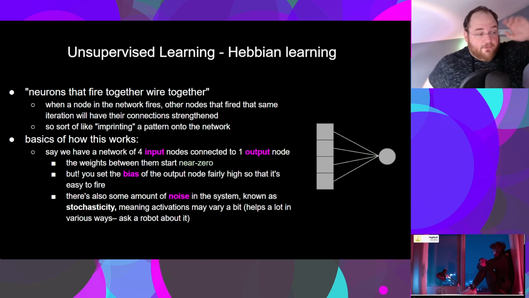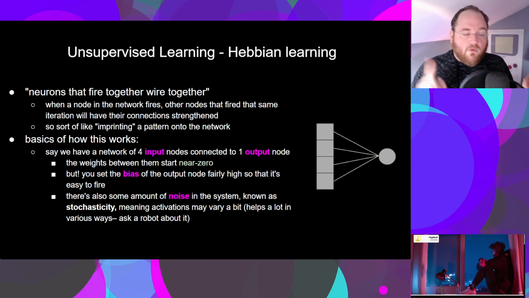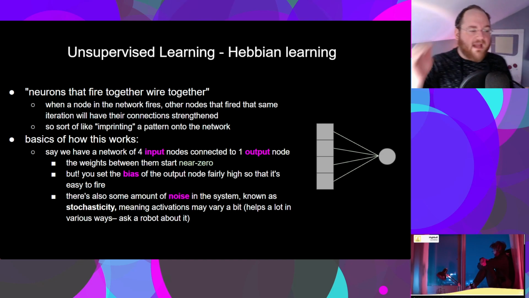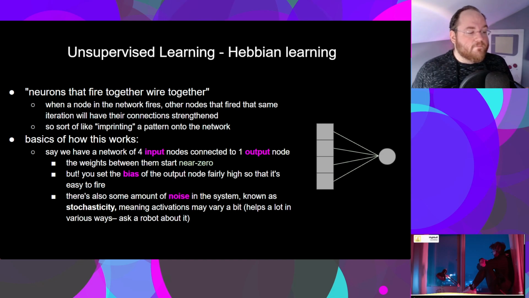So the basics of how this works is, let's say we have a network. We have 4 input nodes connected to 1 output node, and the weights between them start really close to 0. But what you do is you set the bias of the output node fairly high so that it's easy to push it over the threshold and fire. And there's a little bit of noise in the system too.